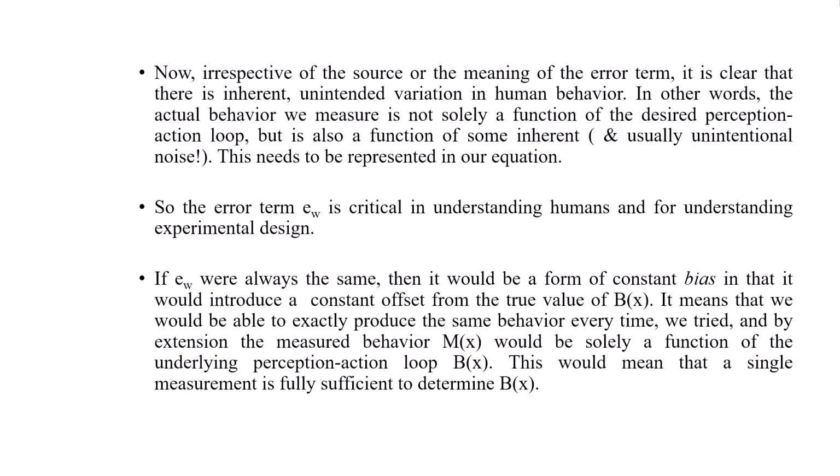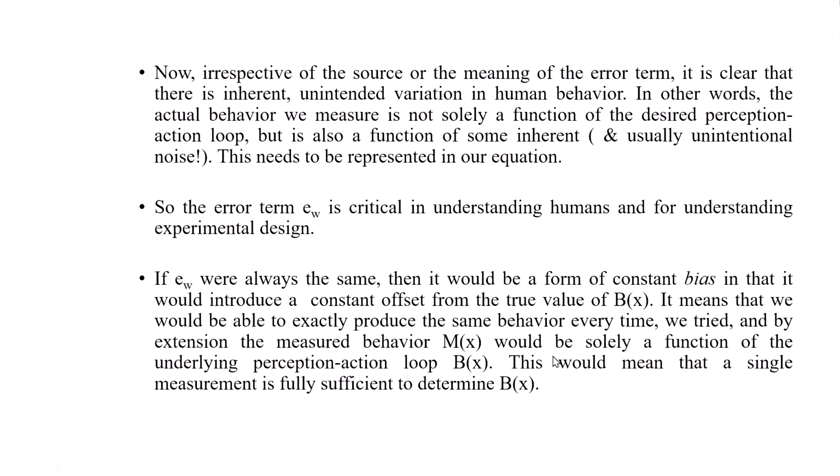By extension, the same measured behavior would emerge every time, obviously with allowance for that offset. This would mean that a single measurement will always be sufficient to determine b of x.